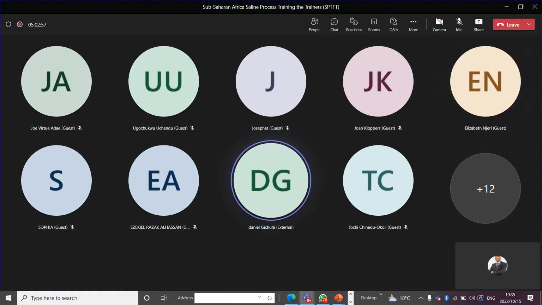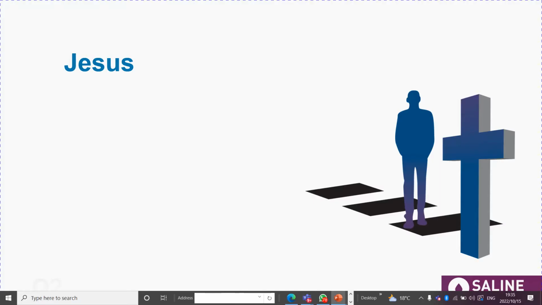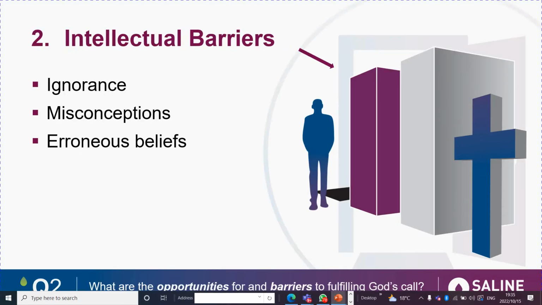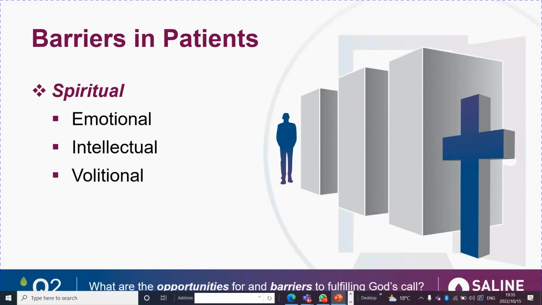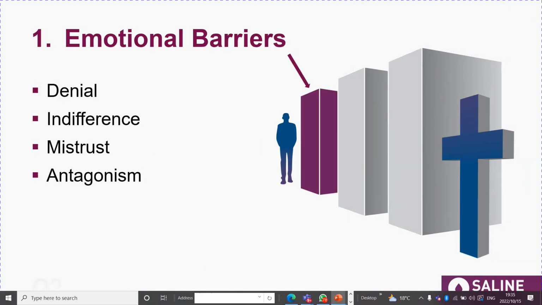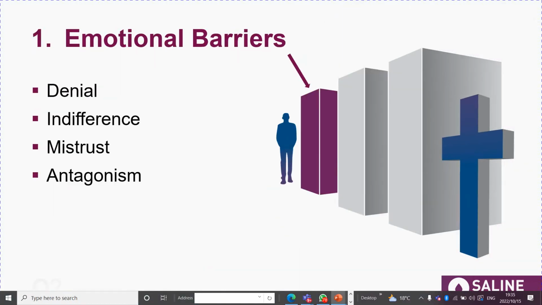Emotional barriers. These are generally based on having bad experiences. Maybe this person has other information, and had something that maybe introducing Jesus Christ was a tool used by Western people to navigate through during colonization.